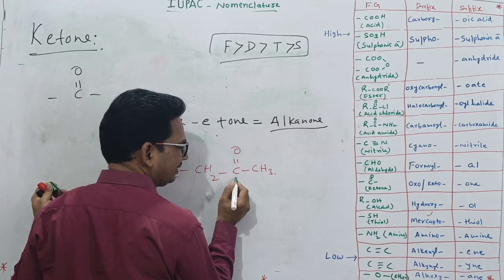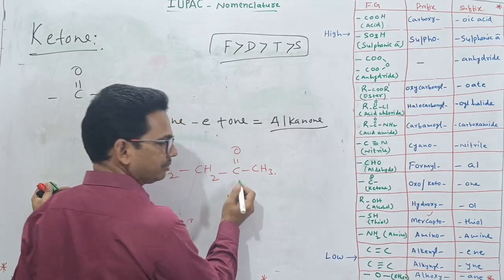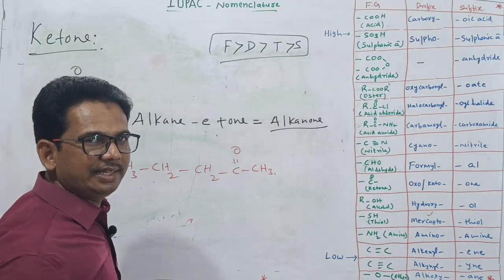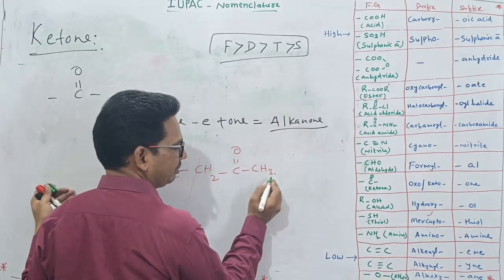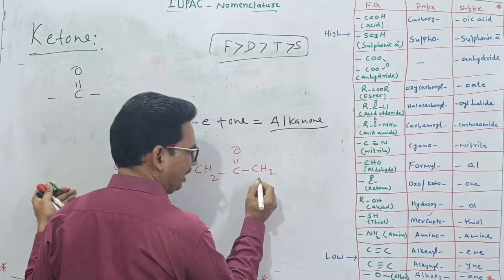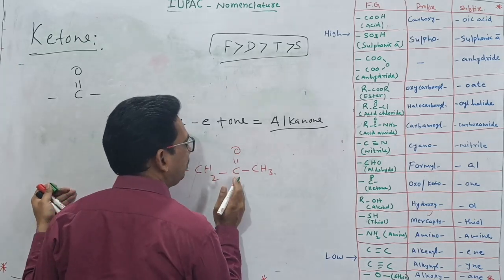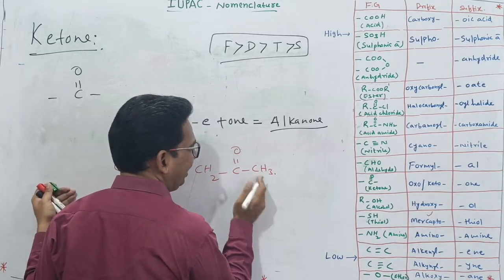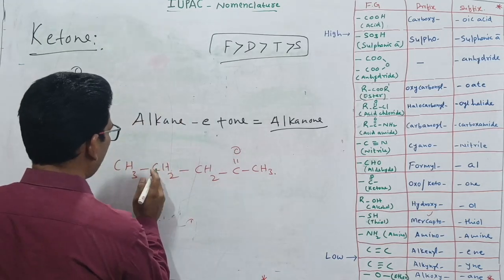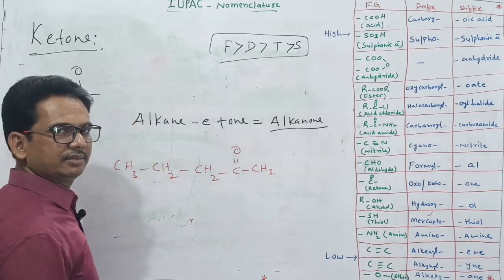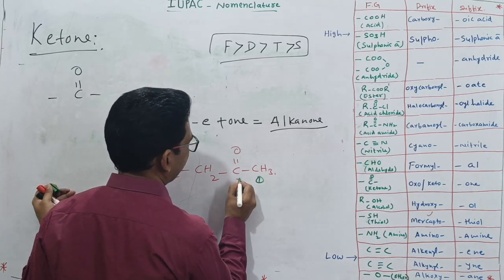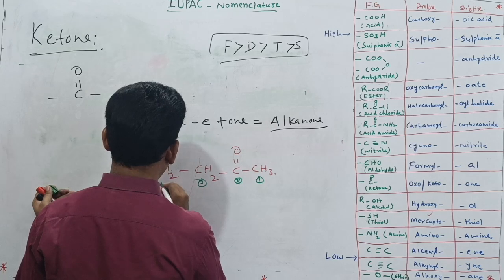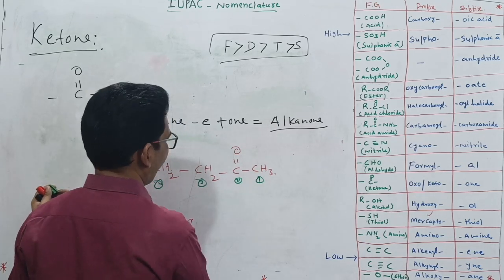Don't start from the other side, even though there is a methyl group before it. The ketone group is near to which end, from that end we have to start. 1 2 3 4 5.